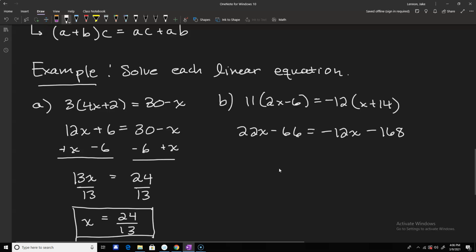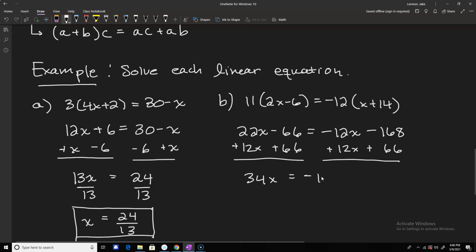And then again, we want to do as usual. So I'm going to add 12x to both sides to start and add 66 to move the 66 over. So I have 34x equals minus 102. And divide by 34. You end up with, I think, x is equal to negative 3.